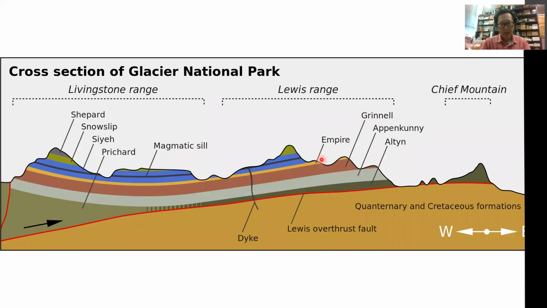So Glacier National Park is actually subdivided into two mountain ranges. This is west and this is east. Whitefish is here, and you would drive into this region to the national park. This would be the cross section, and the western part is the Livingston Range. The right part is the Lewis Range, and almost all of what you're going to see are these Neoproterozoic or late Proterozoic and early Paleozoic sediments.